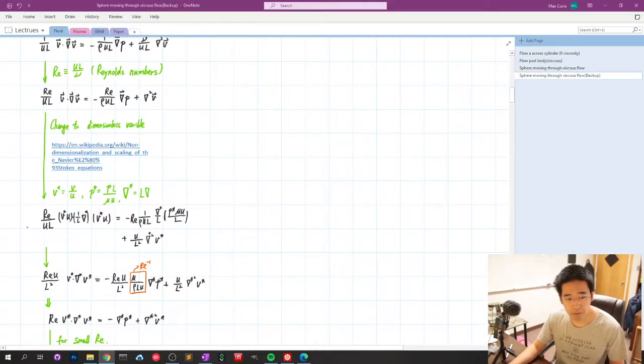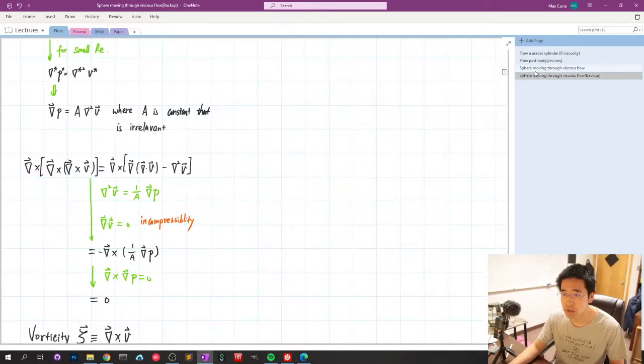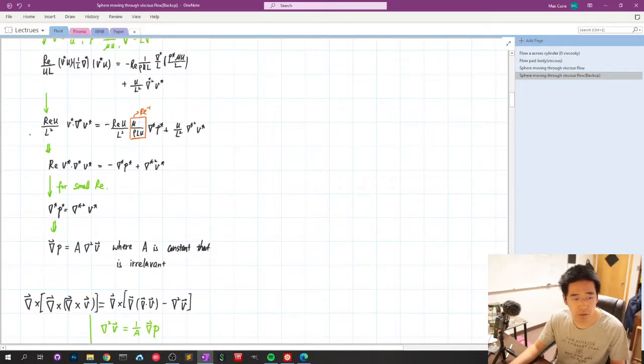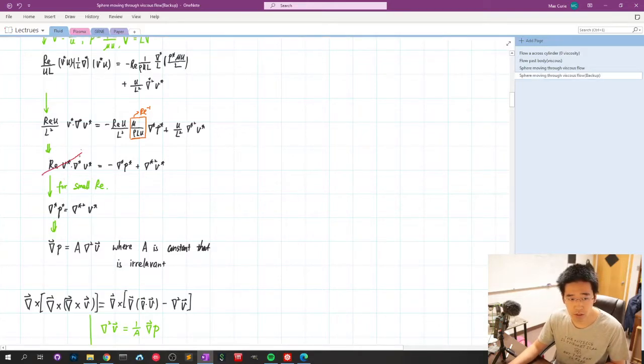Then we have this. Plug everything in, and tidy it up with a little bit more algebra. We will find we have this expression, and for small Reynolds number, we will neglect this.